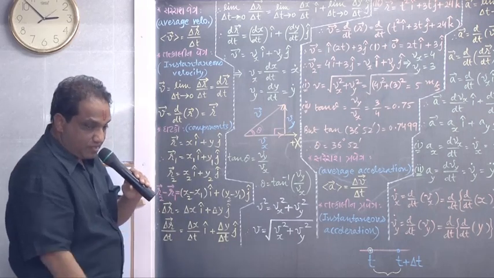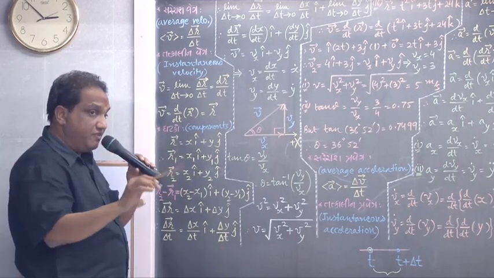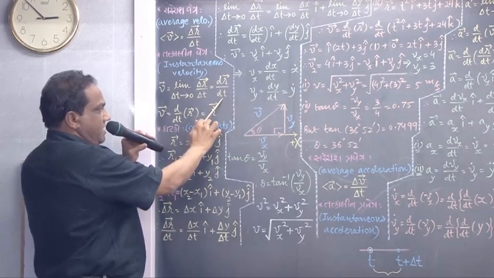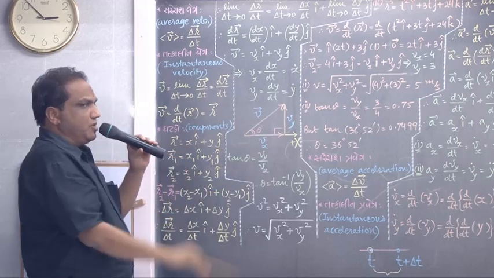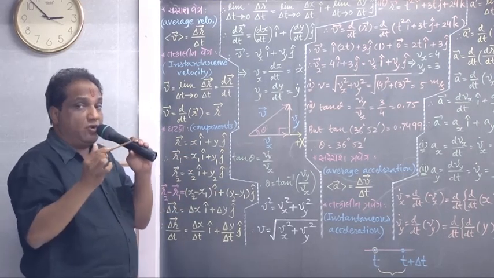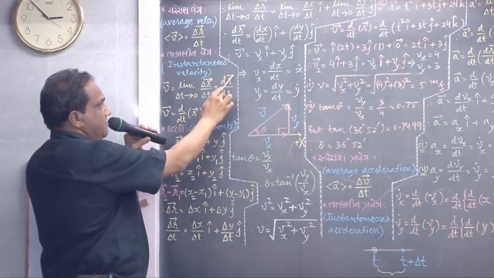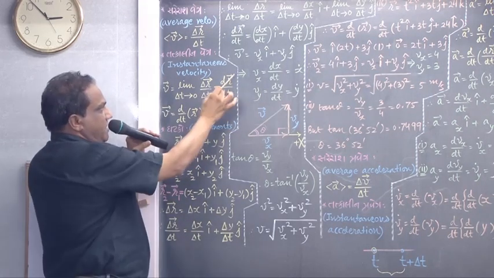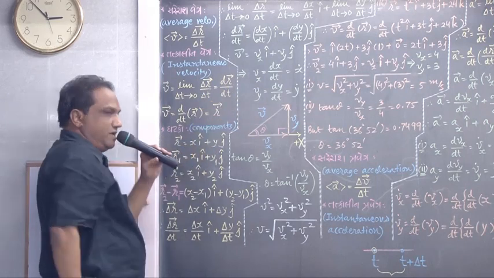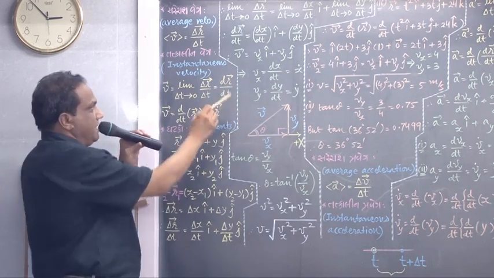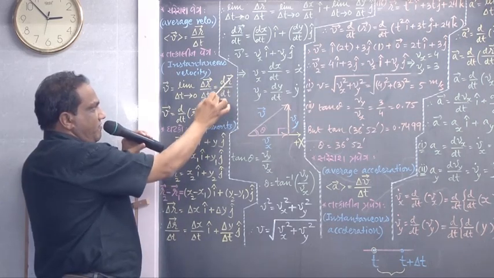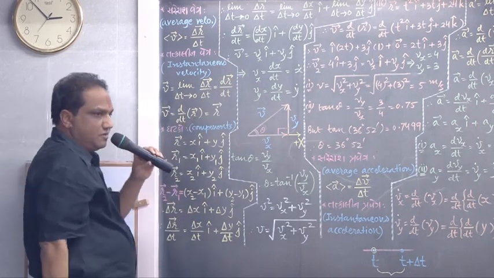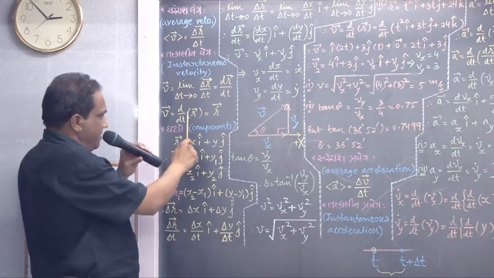Such an extremely small, infinitesimal interval of time should be shown by symbol dt, and in that extremely small time interval, displacement undergone by the body I am showing by symbol vector dr. So altogether it is vector dr by dt, that is d by dt of vector r. What do you mean by d by dt?